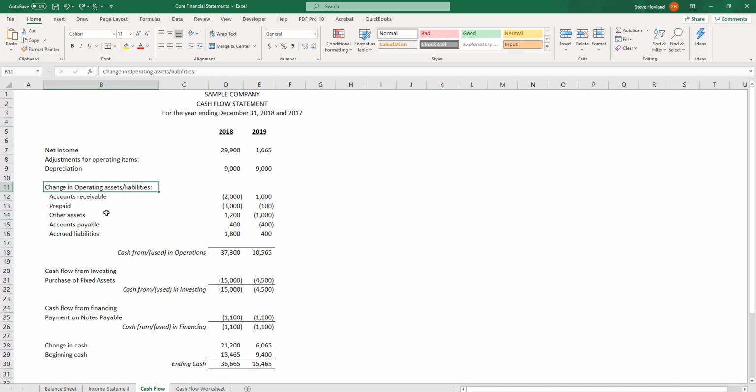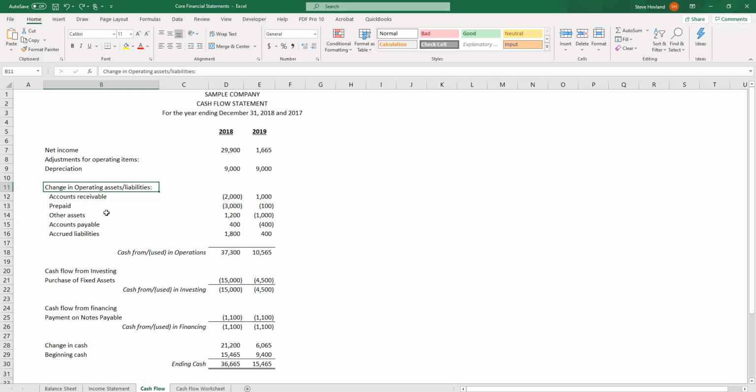What that is, your accounts receivable go up and down every year. Your prepaids, your other assets, your AP go up and down. And the change in that has an effect on your cash. So if you think about it, let's say your accounts receivable last year was 0. You didn't have any accounts receivable. And then this year you have accounts receivable of $2,000.